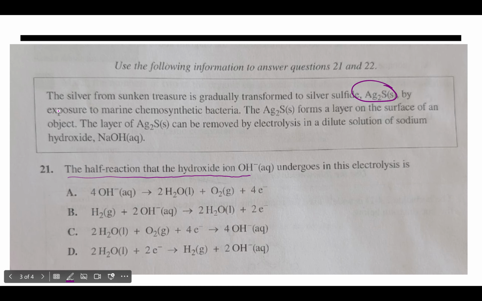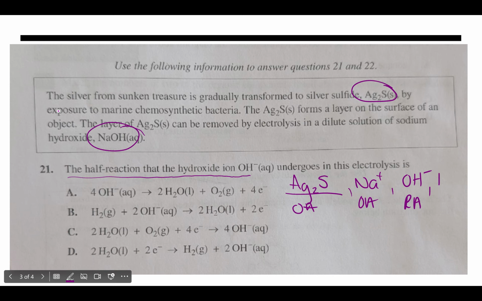So here, when we're looking at the half reaction that the hydroxide ion undergoes, well, we are going to look at our data booklet and figure that out, but we want to list what we have present. So you have that Ag2S. This does appear on your data booklet as an OA on page 7. Then you would also have Na positive, right, because of this part here, and that is also an OA. And you have OH negative, which is an RA.